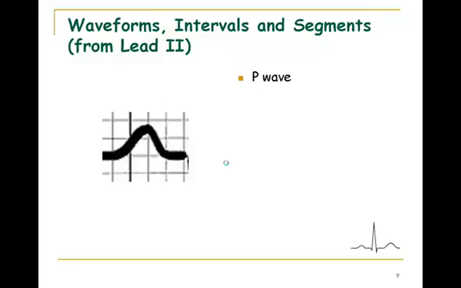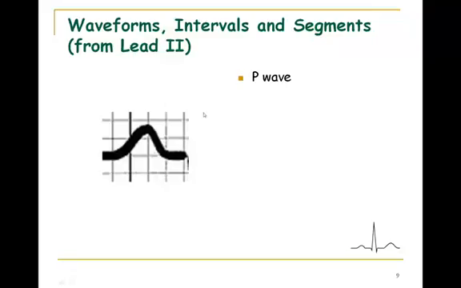So the first thing we're going to look at is the P wave. The P wave is symmetrical. It should be positive in lead 2. I gave you an example of where it would be negative, such as not hooking up your leads right, or if you had the electrical impulse being generated near the AV node.